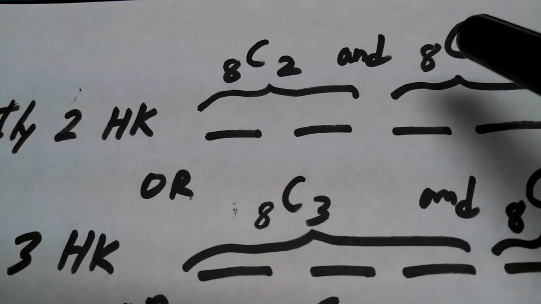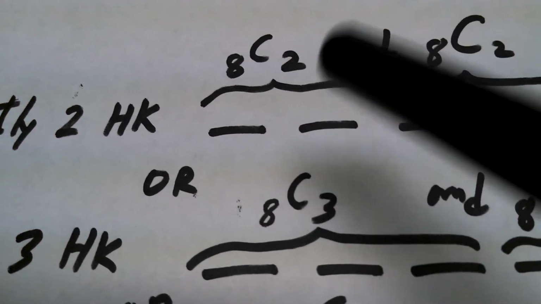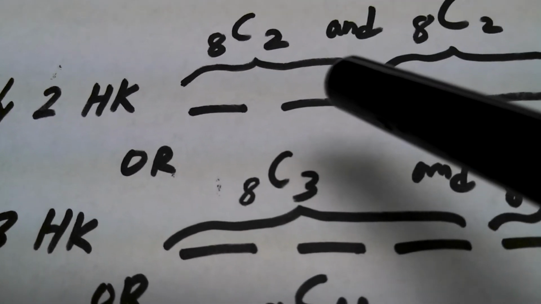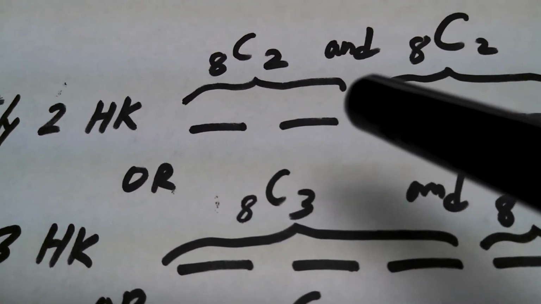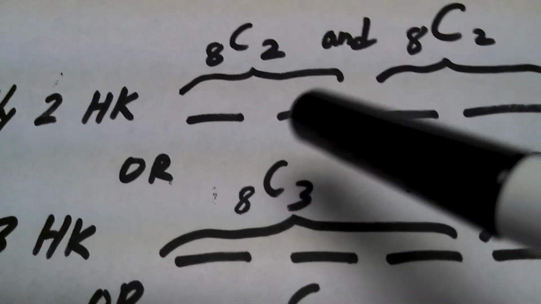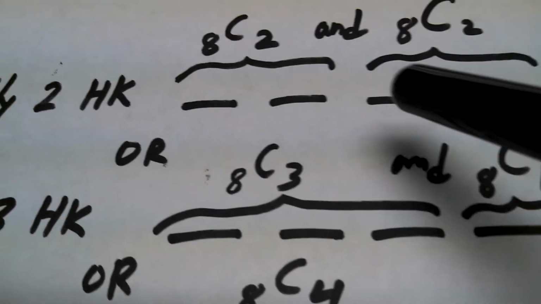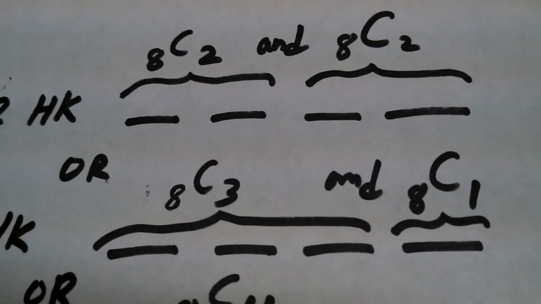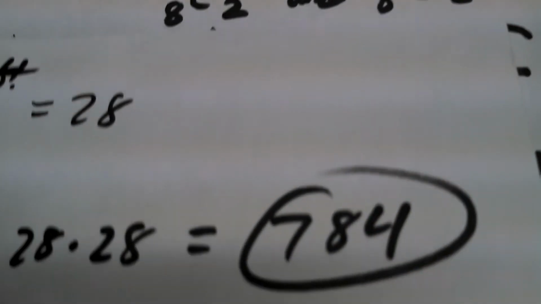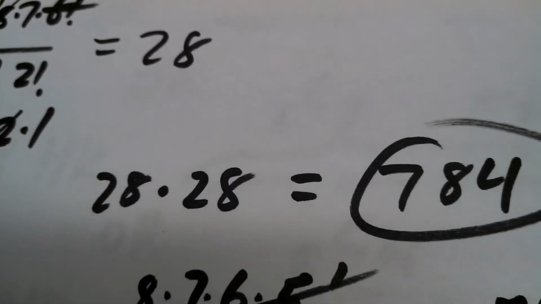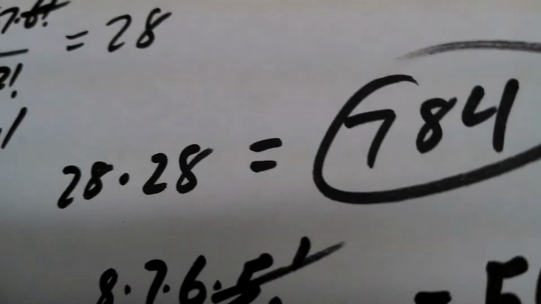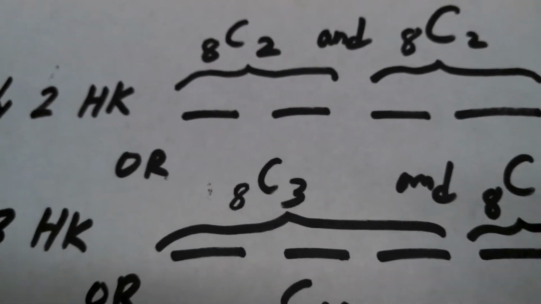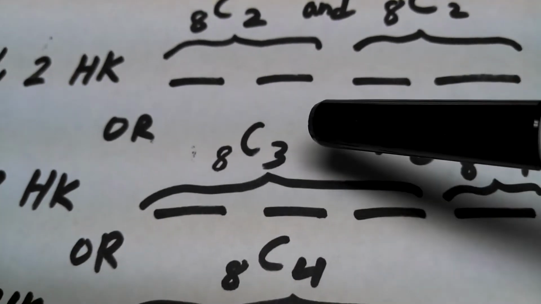Together, we multiply them to find the number of ways they can be done together. That's the fundamental counting principle, also known as the multiplication principle. And 28 times 28 gives us 784. So that's how many ways we can do that with 2 housekeepers on the committee.